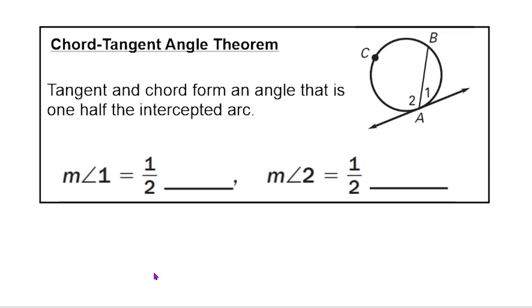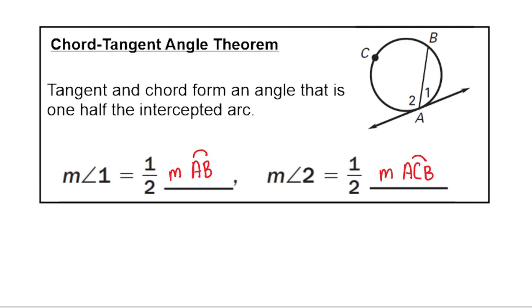Okay, chord-tangent angle theorem. So when I have a chord intersecting a tangent, and talking about the angles in there, the measure of angle 1 is 1/2 the measure of arc AB. The measure of angle 2 is 1/2 the measure of arc ACB.